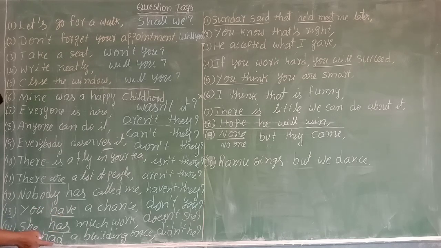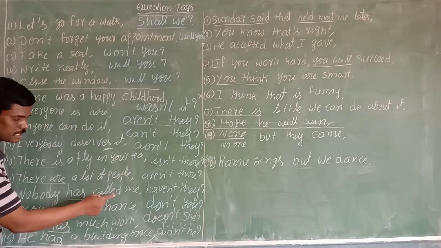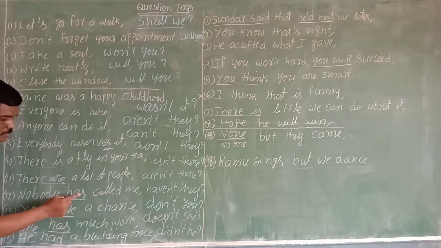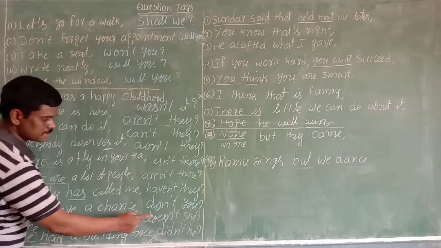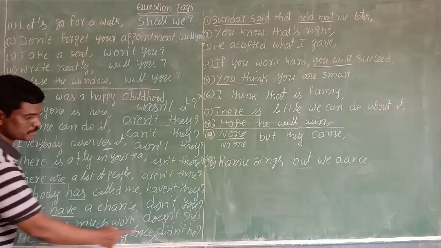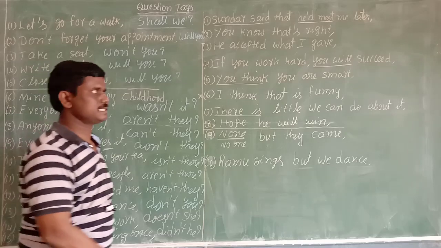"Had" means verb 2 because it's single. It is not a helping verb. Helping verb means another verb should be there. For example, "called" here is the main verb. Before main verb, this is a helping verb. Two verbs. But here one verb. You got my point. So verb 1, "don't you". Verb 1 is "doesn't". Verb 2, "did". Okay, friends.